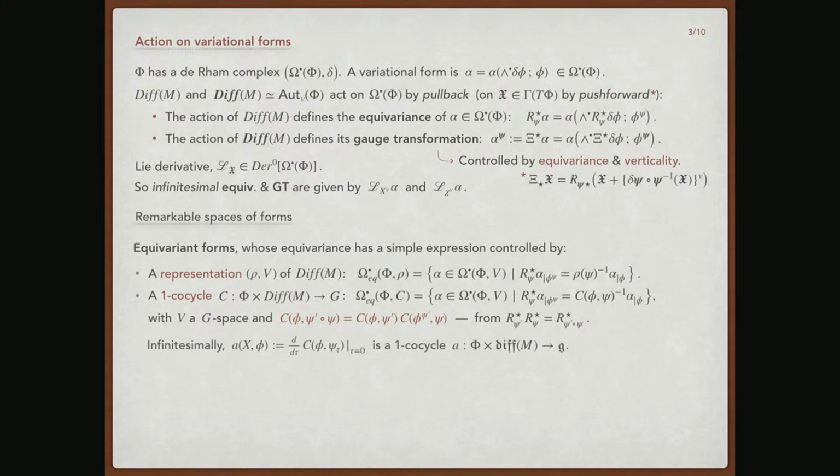So infinitesimally, if you linearize this cocycle, you get a cocycle on the Lie algebra of diffeomorphisms. Its transformation property, which is this, is the linearization of that one, and it is compatible with the action of the Lie derivative on field space. For those who know a bit about anomalies in quantum field theory, you may recognize that this is a generalization of the Wess-Zumino consistency condition for gauge anomalies.